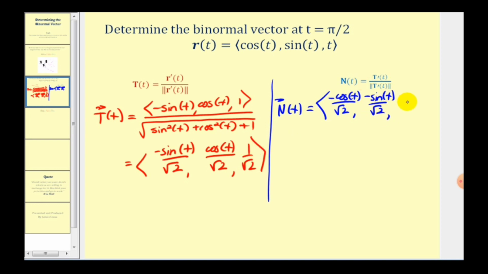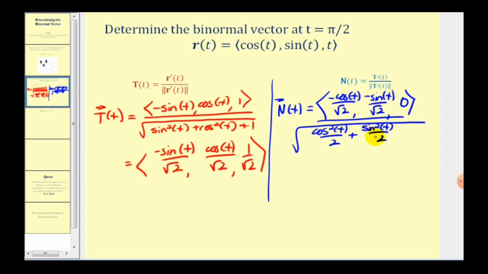And then the z component is going to be 0. You divide this by the magnitude, so we're going to have the square root of, this will be cosine squared t over 2, plus, when we square this, the sine squared t over 2, plus 0.